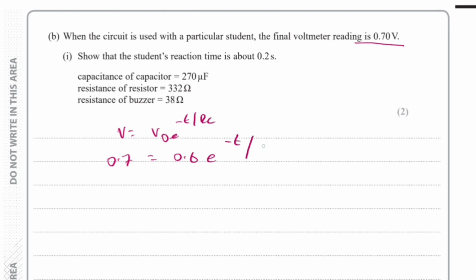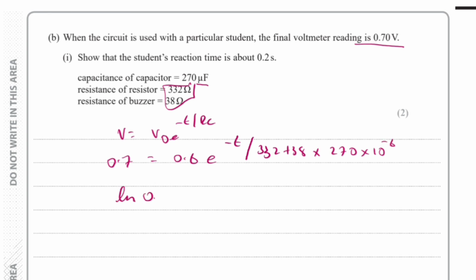Our R, there are two resistances, so we're going to add both of them, and then multiply with 270 microfarad. We need to convert it into normal farad, into 10 to the power minus 6, to use ln.